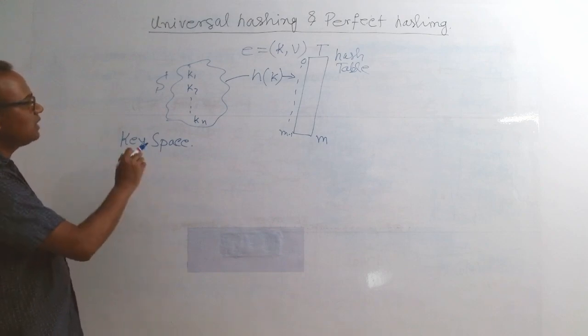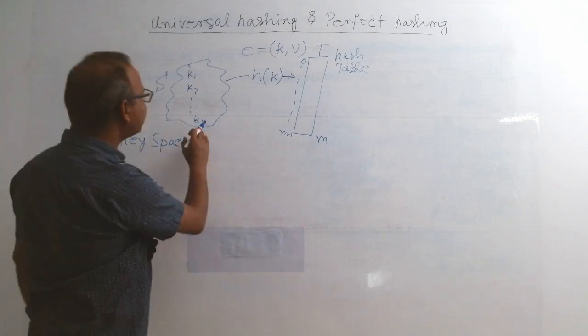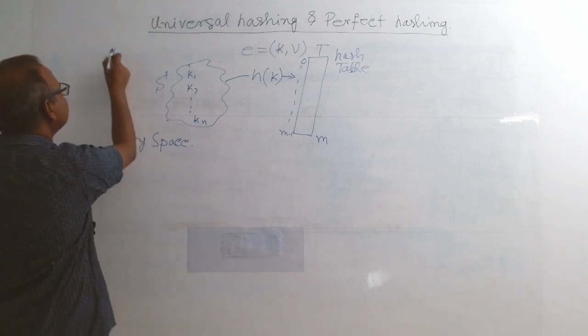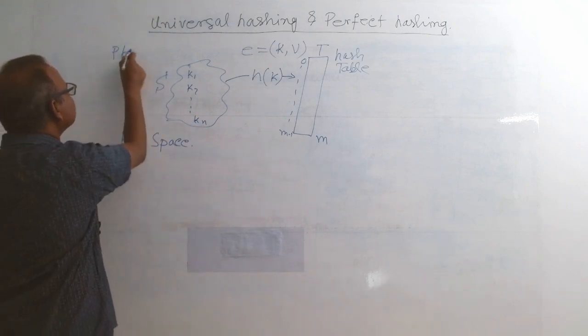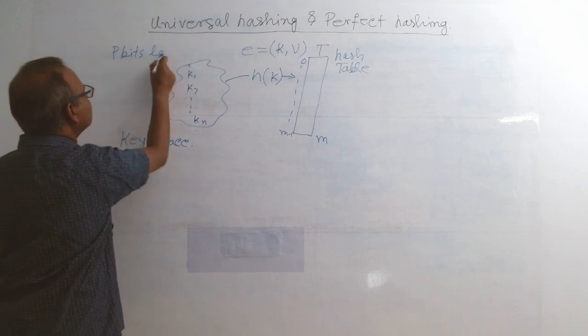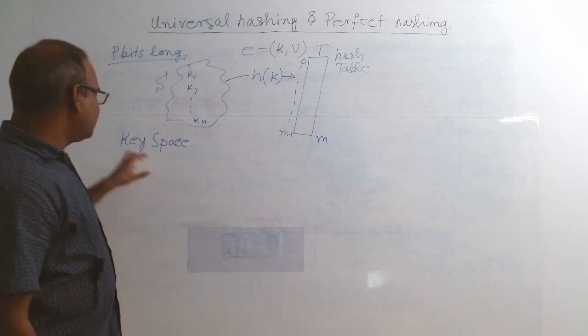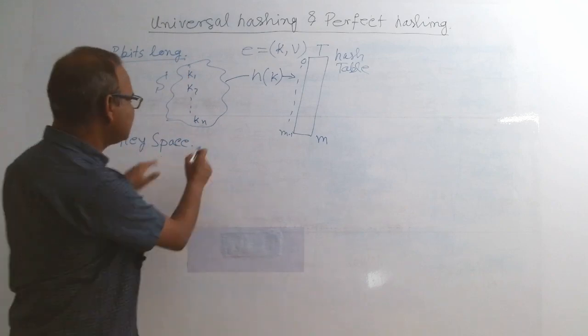Let's say these keys are, for example, p bits long. So what will be the key space?